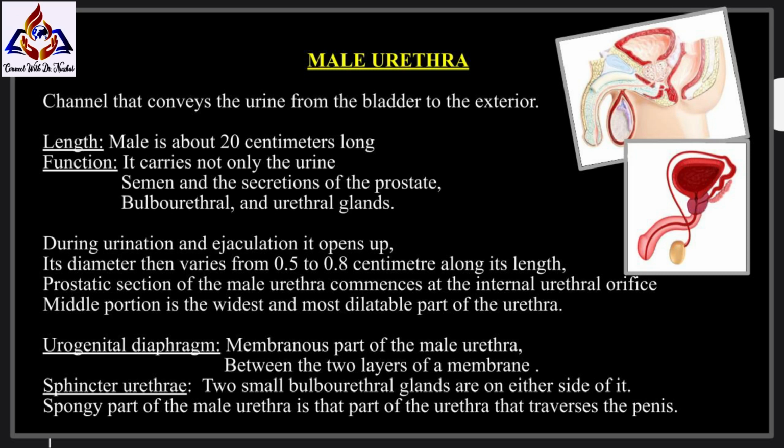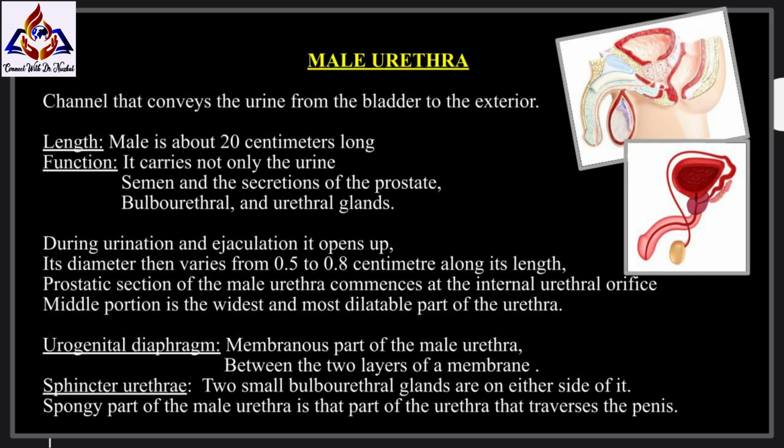The prostatic section of the male urethra commences at the internal urethral orifice and descends almost vertically through the prostate, from the base of the gland to the apex, describing a slight curve with its concavity forward. It is about 2.5 to 3 centimeters long and is spindle shaped. Its middle portion is the widest and most dilatable part of the urethra.